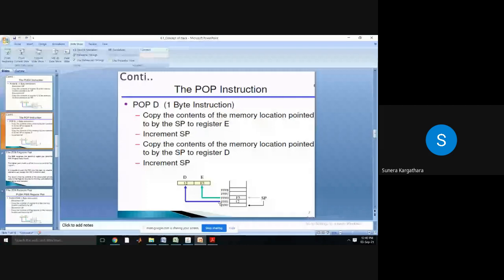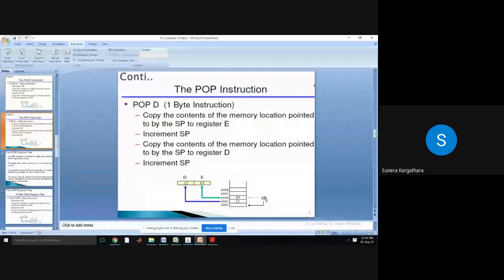Your stack pointer will be modified with your final address, which is FFFF. So if we are writing pop D, the content of the stack location indicated by the stack pointer will be transferred to the lower order register. The content of the next memory location, SP plus 1, will be stored into your higher order register. Again SP plus 2, your stack pointer will be modified with that particular address.